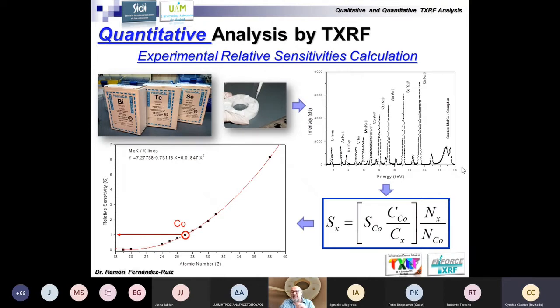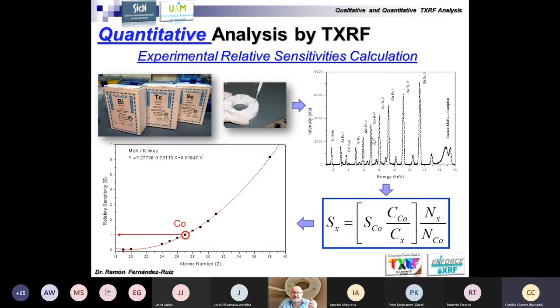For example, deposit, obtain the spectra, obtain the distribution of elements, in this case, for example, to evaluate the sensitivities of the K-lines in the molybdenum excitation, and elect one of them as a reference.